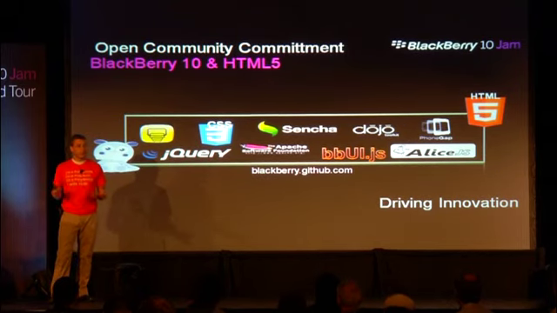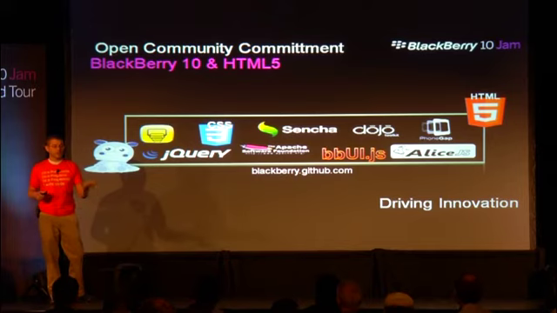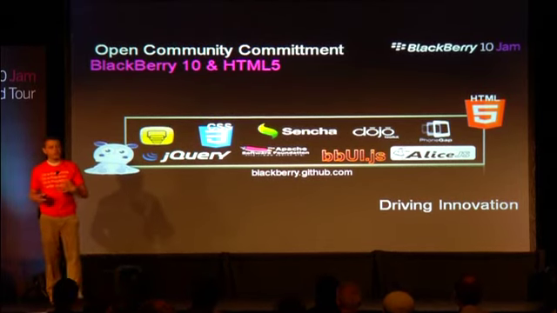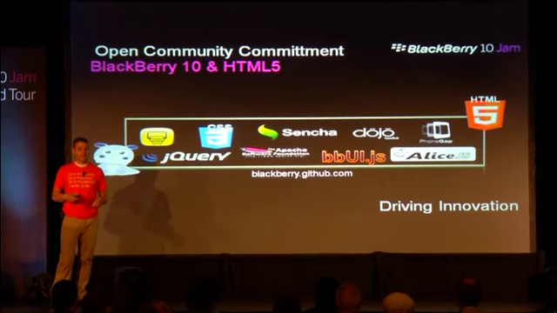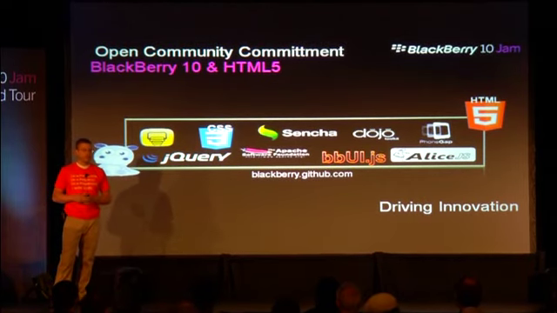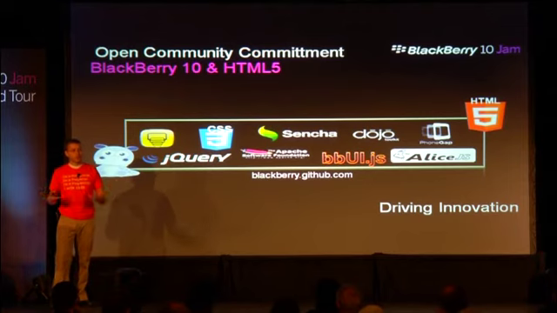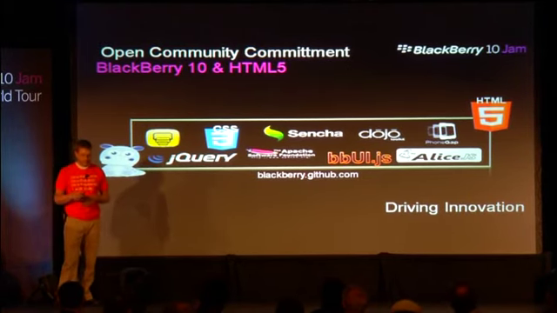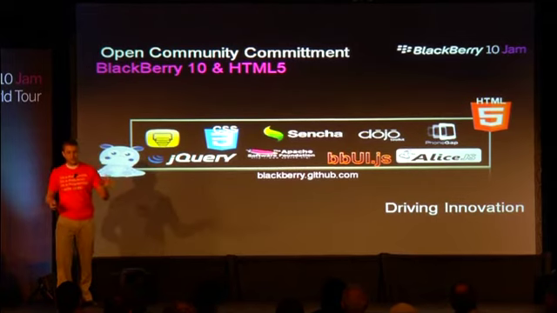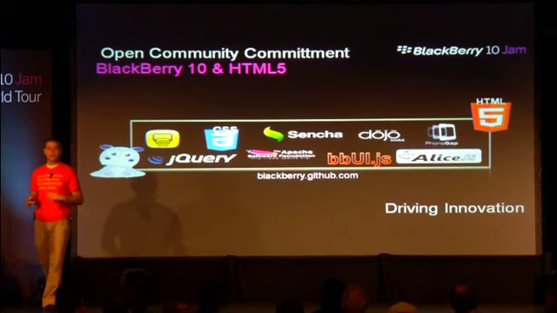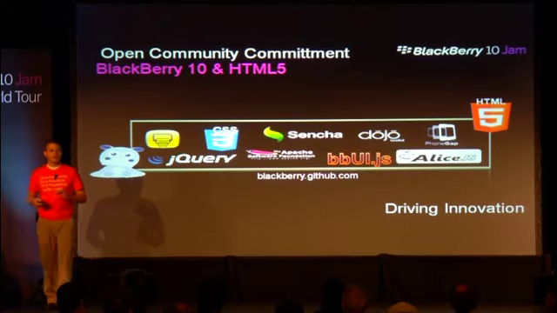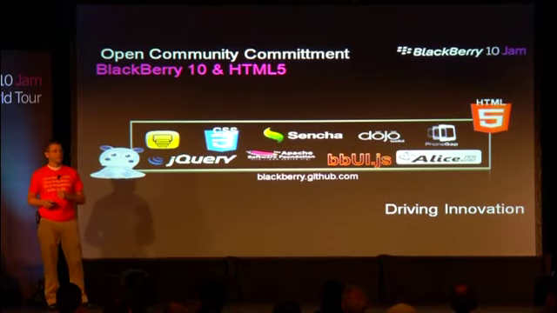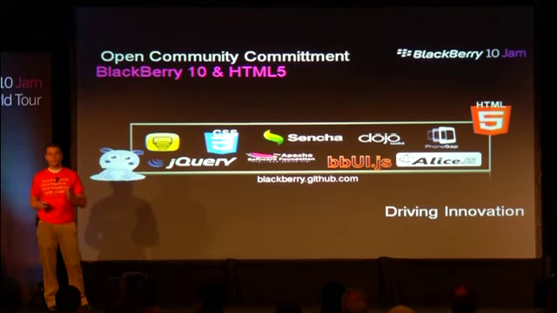So we've done some of our own little open source projects as well, such as BBUI that we'll look at, or Alice.js, which is an animation engine that lets you do cool hardware accelerated animations in the web with a few lines of code. So we want to make sure that we're breeding a lot of innovation in the web space. BBUI, we'll talk a little bit about how it creates that BlackBerry 10 experience in the web, but very shortly we'll have jQuery Mobile themes for BlackBerry 10 that will bring that same experience over.